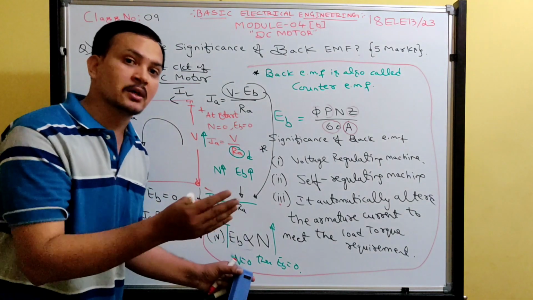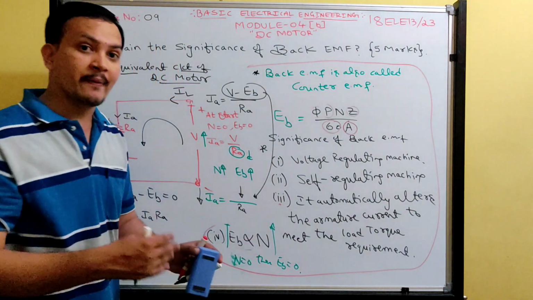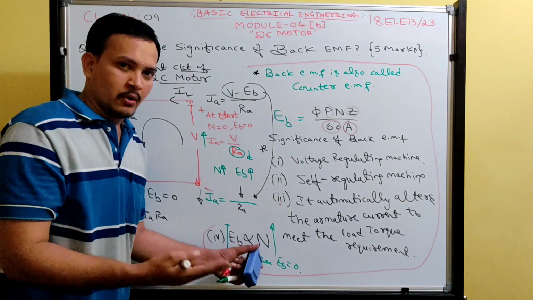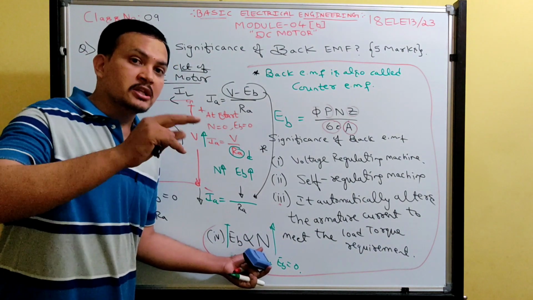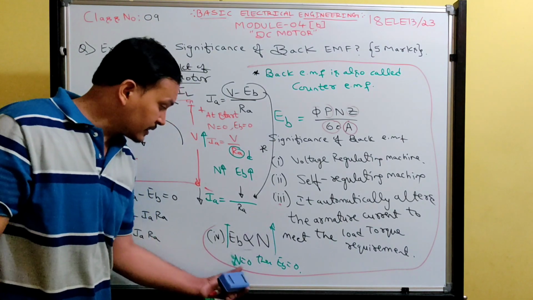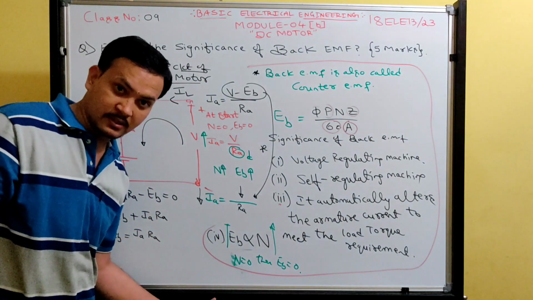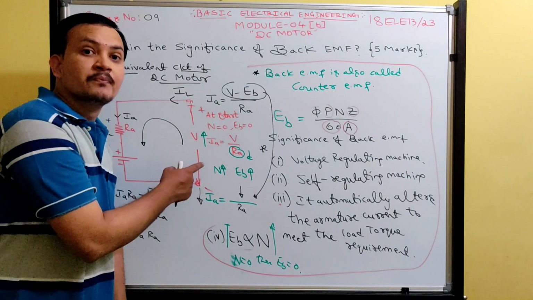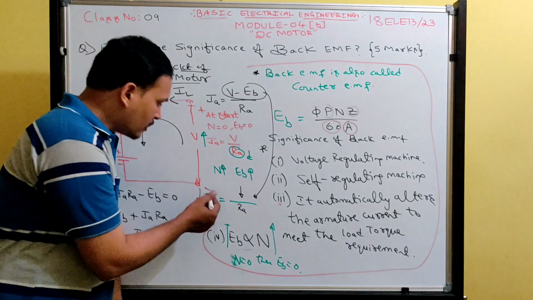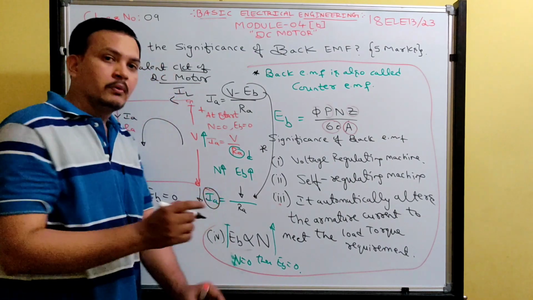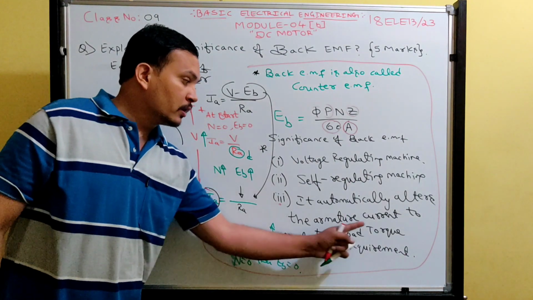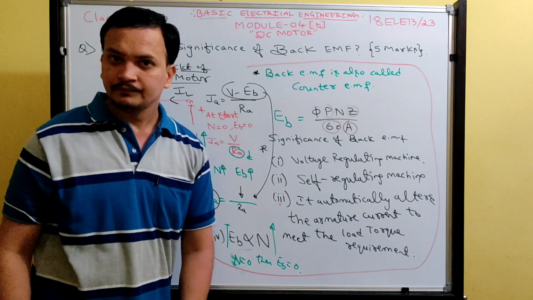Now again, you apply some load. If you apply load on the motor, the armature speed decreases. If speed decreases, back EMF also decreases. If EB decreases, your armature current is going to increase. So this armature current will alter automatically to meet the load torque requirement.